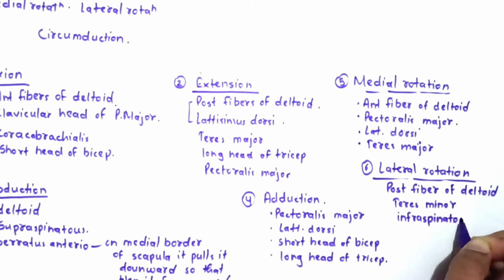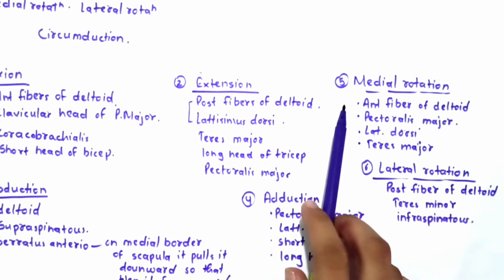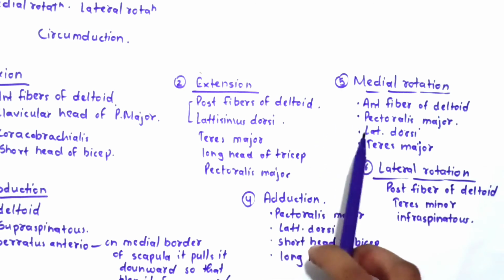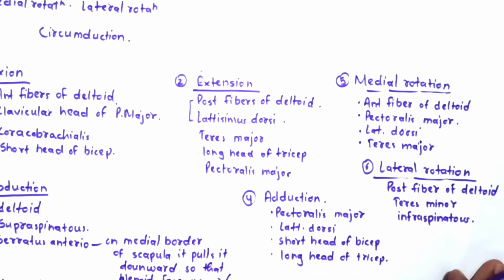If you clearly see the origin and insertion of all these muscles, you will understand the movements very easily. Now we'll see some clinical points about the shoulder joint.